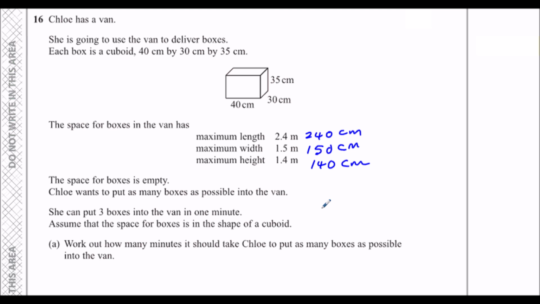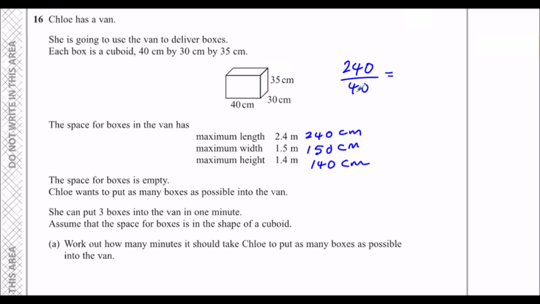Okay, let's work out how many go in first. So how many of these boxes can we fit into this van? 40 centimeters. How many 40 centimeters are going to go into 240 centimeters? So how many 40s go into 240? 240 over 40.